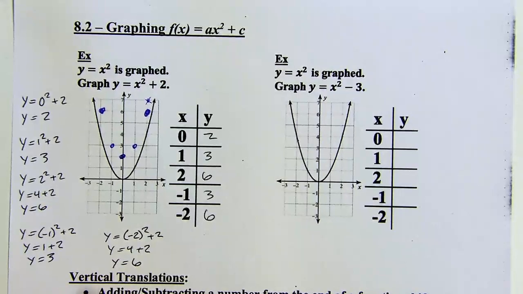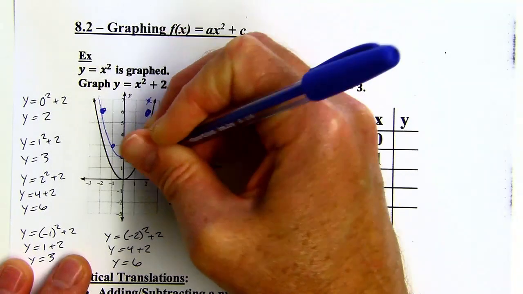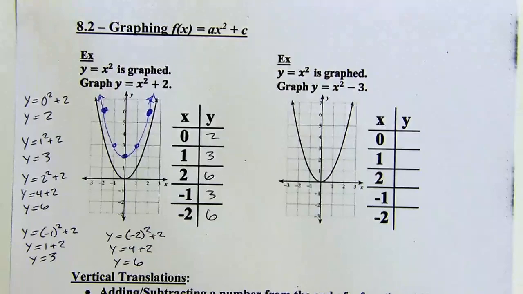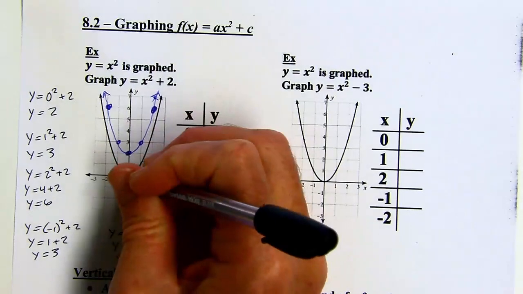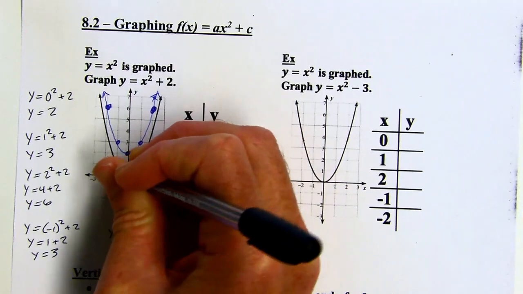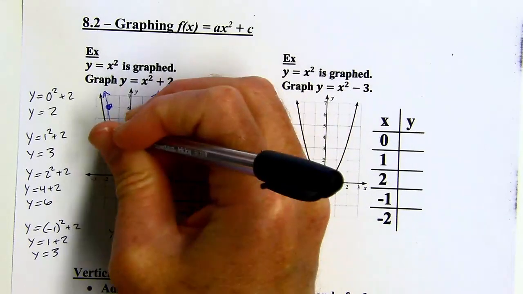Okay. And now when we graph this, you can see that this whole parabola has been moved up, right? If you plot the critical points from the original graph, maybe we should do that. Got the vertex there, here's 1, 1, and -1, 1, and then we'd have 2, 4, and -2, 4.